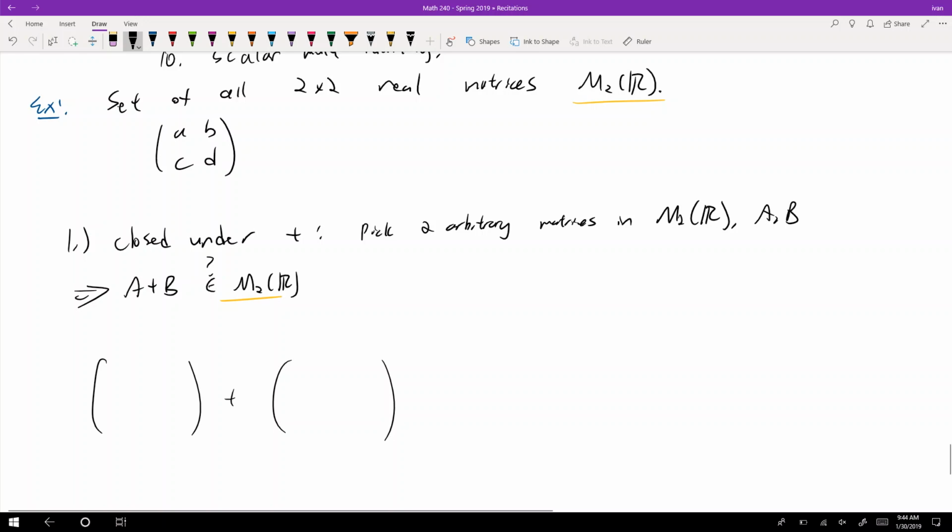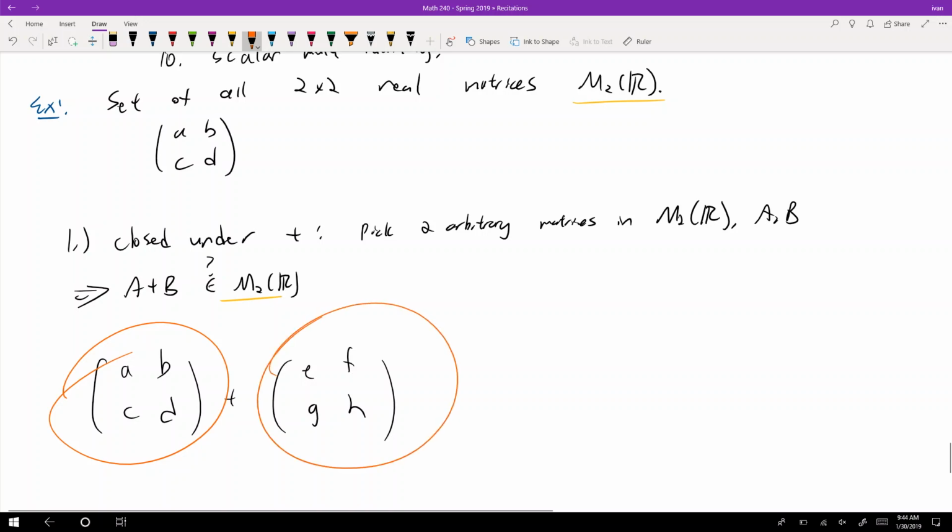A, B, C, D. Okay. We need another one. E, F, G, H. Okay, that works. So, are we convinced that this is a 2 by 2 matrix of real numbers? Any objections? All right. Is this EFGH a 2 by 2 matrix of real numbers? Yeah. All right, so now we add them. A plus E, B plus F, C plus G, D plus H.